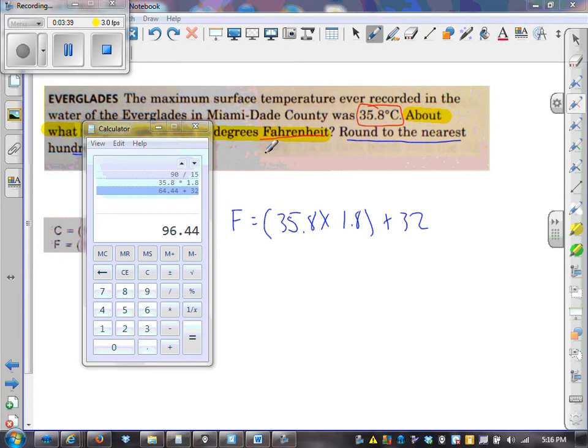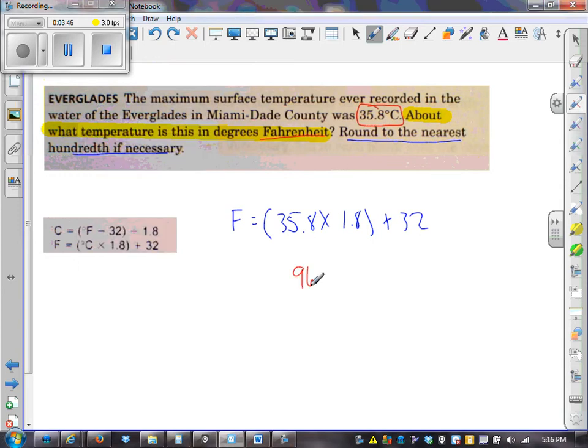And the maximum surface temperature ever recorded in the Everglades was 96.44, 96 and 44 hundredths. This is the hundredths place, degrees Fahrenheit.